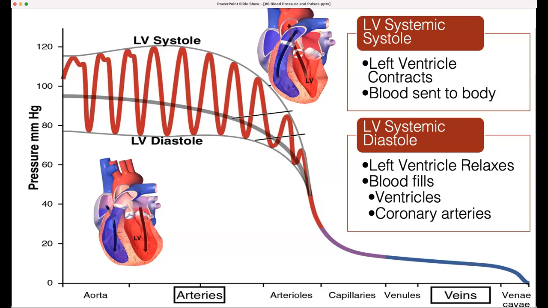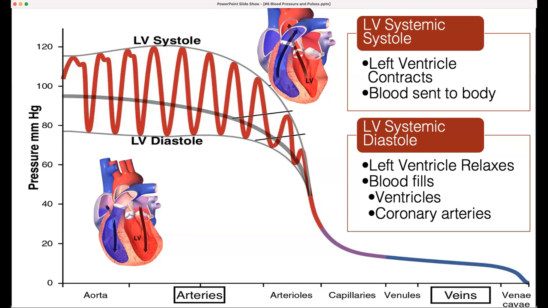The left ventricle is generating the greatest pressure, and this is what the pressure waveform looks like, with the left ventricular systole being generated the highest, and then when it comes down during that relaxation is the diastolic phase, and that's when blood is filling up the left ventricle.